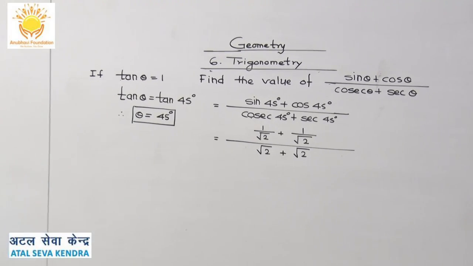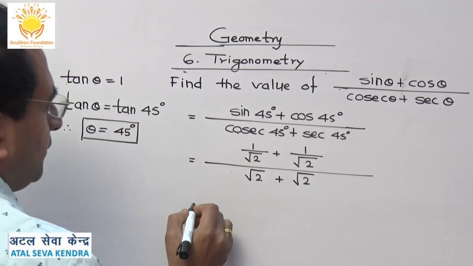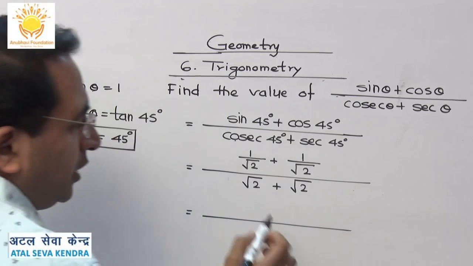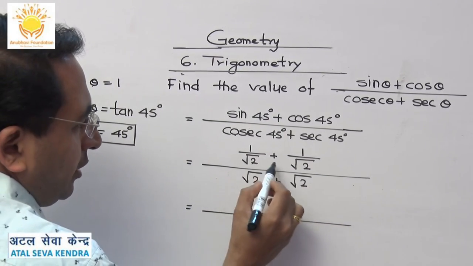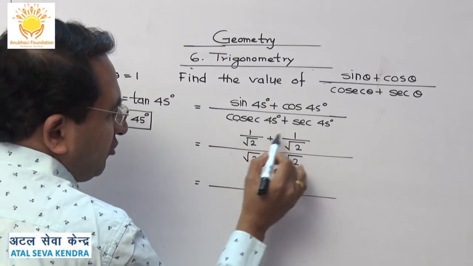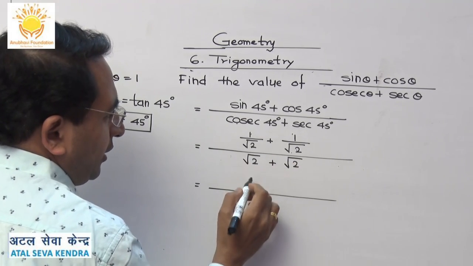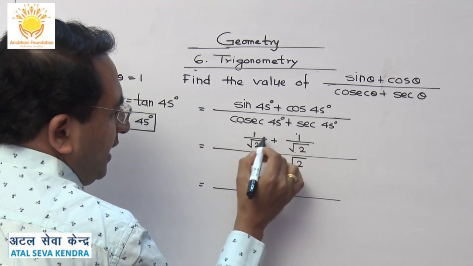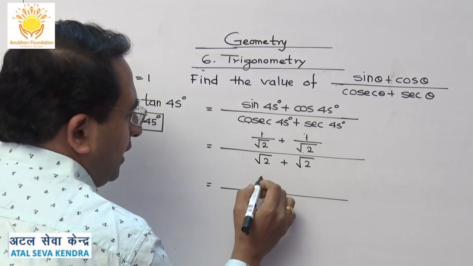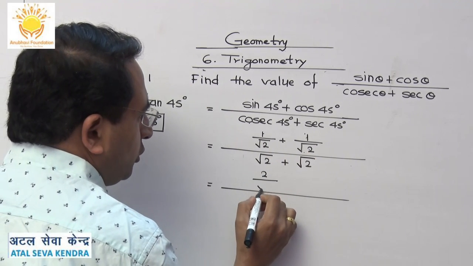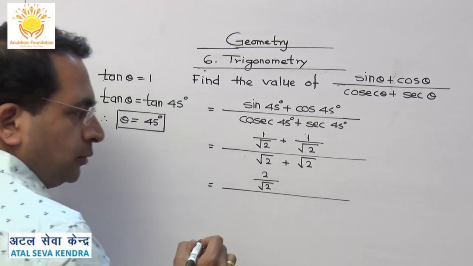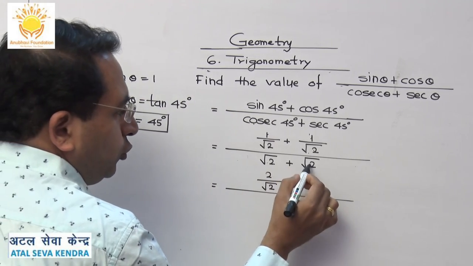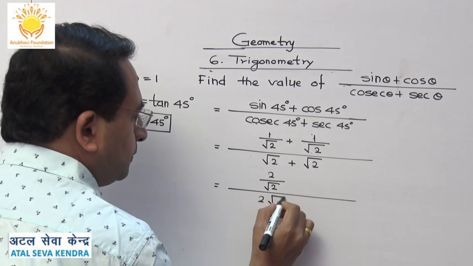Now the problem is with this calculation format. Again I am telling you, this is a numerator, but these fractions have the same denominator, therefore the numerators can be added as 1 plus 1, that is 2 upon root 2. And root 2 plus root 2 is 2 root 2.